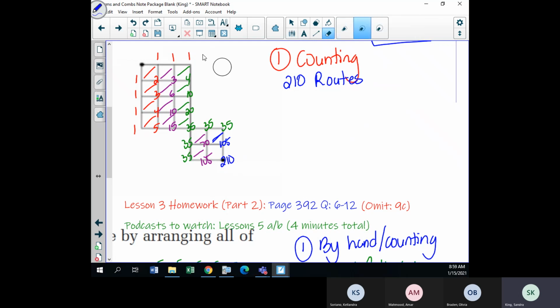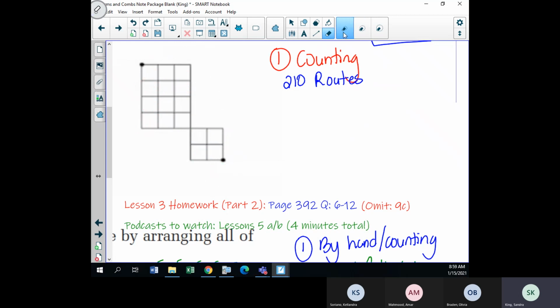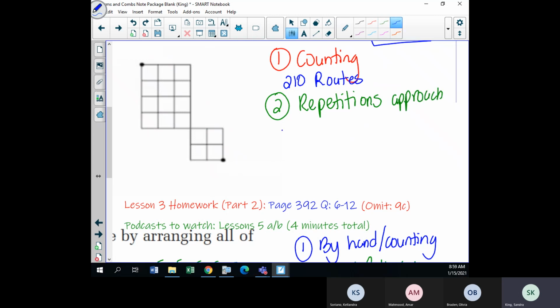Okay, let's do the repetitions approach. So the repetitions approach, there are 2 different rectangles. We want to do rectangle 1, and then they have to go to rectangle 2. So for rectangle 1, count your total number of movements to go from here to here.